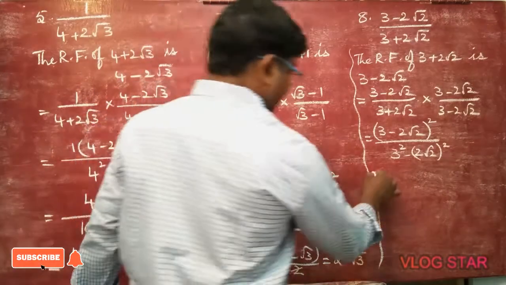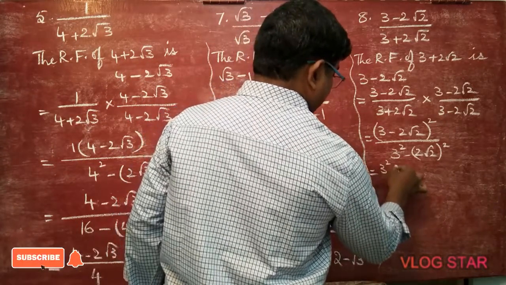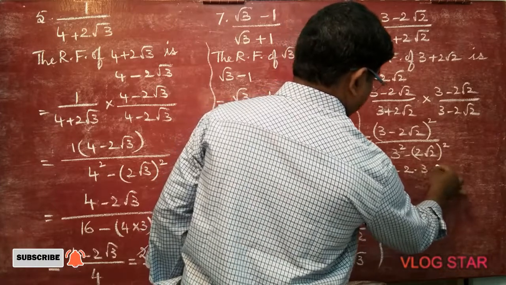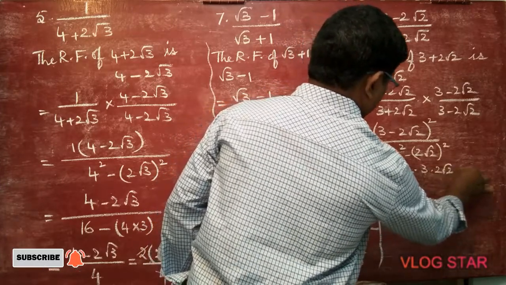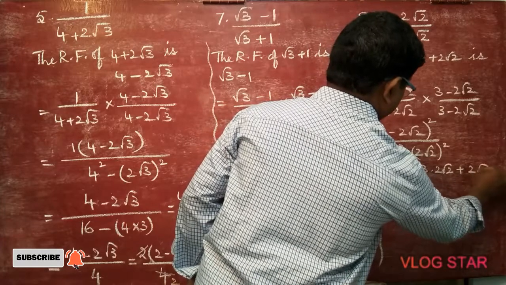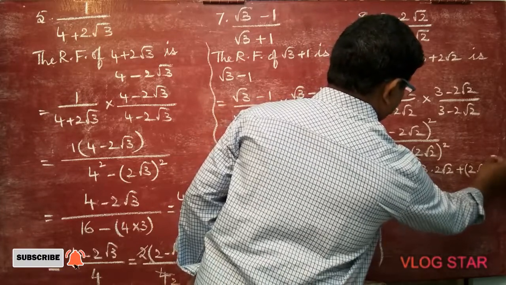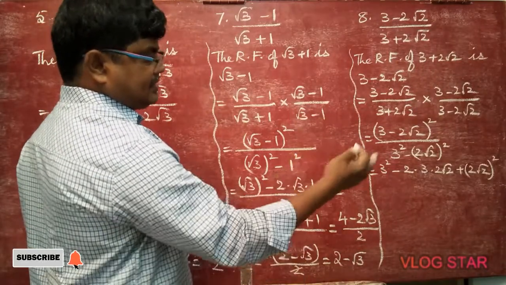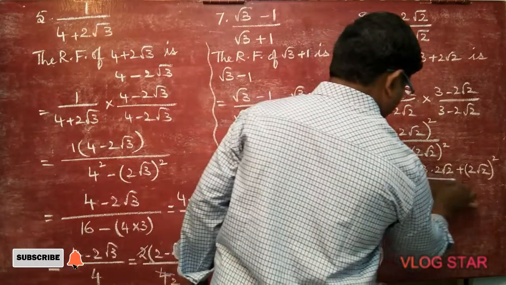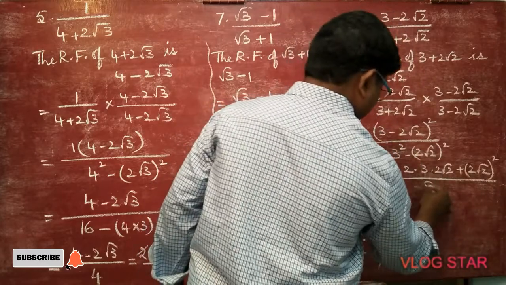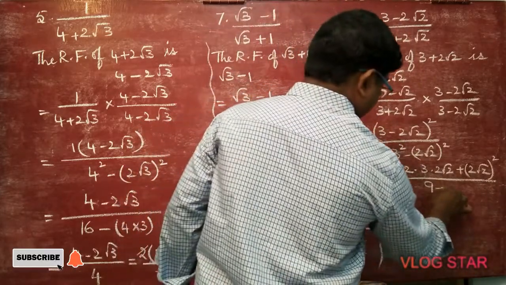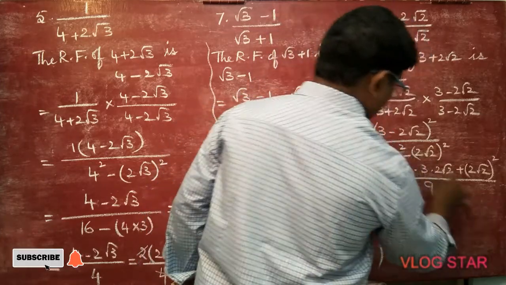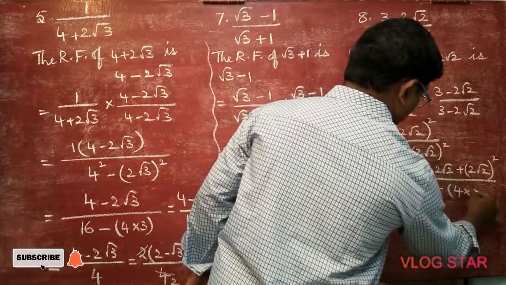Now a minus b whole square formula, a square minus 2ab plus b square. B square means 2 root 2 whole square, because a rational number is there and an irrational number is there. Coming to the denominator, 3 3s 9 minus 2 2s are 4, root 2 into root 2 is 2.